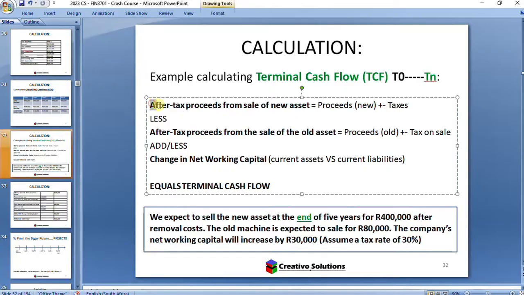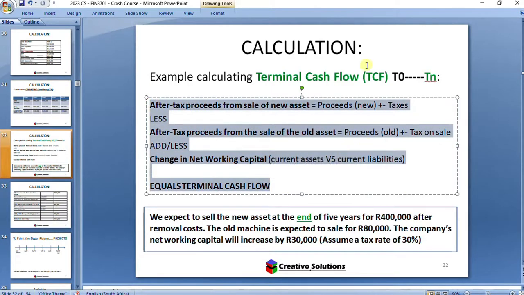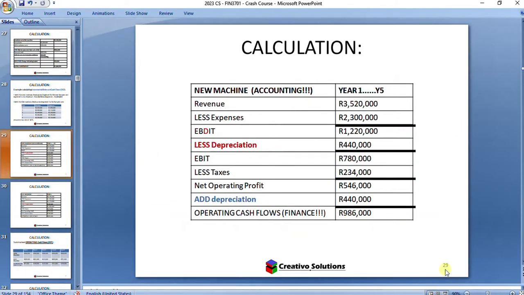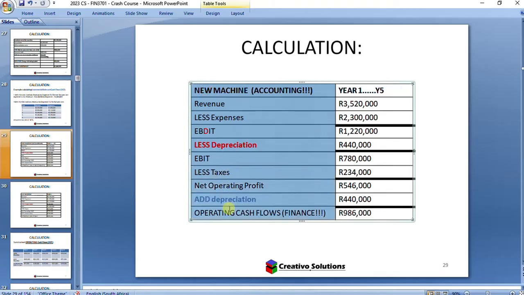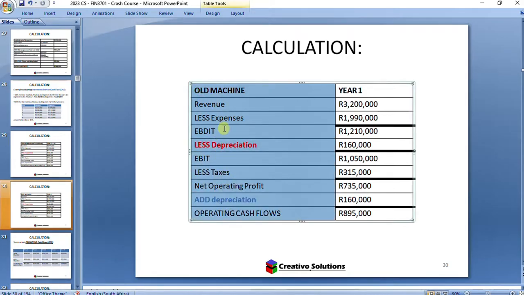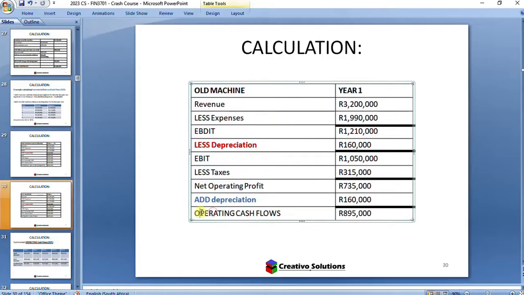Template-wise, this is another important slide, page 32. I didn't mention that earlier, but I'm just going to mention it now. Page 29, that template. It's the same template on page 29 and page 30. It's just depending on which you're looking at, old or new. So that's the template that you're going to be using to calculate OCF.